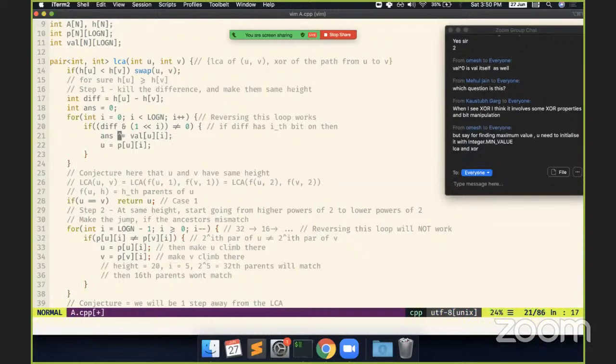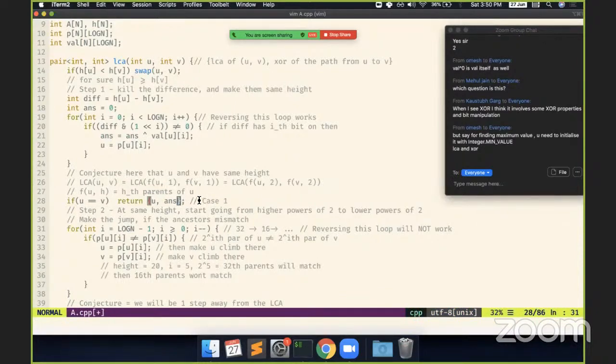The answer will also keep on climbing up as you're climbing up. The answer will say add this contribution to my path. Till the time the height becomes equal, keep on adding these contributions. And if you reach the height itself, then you can just return the answer.